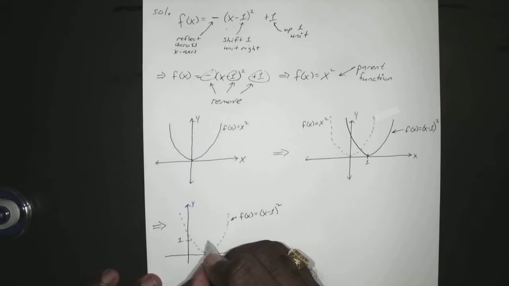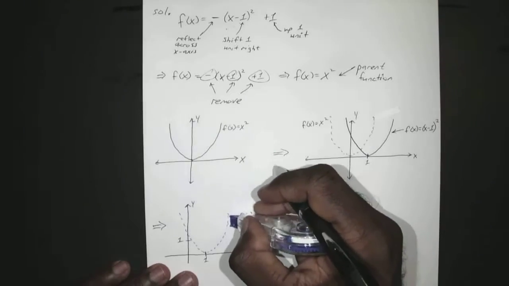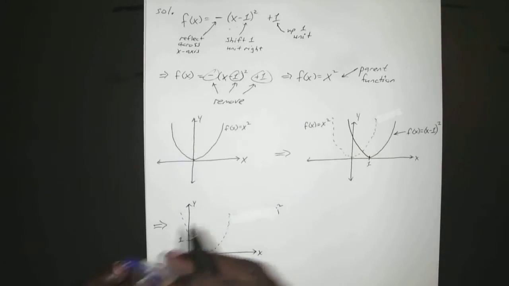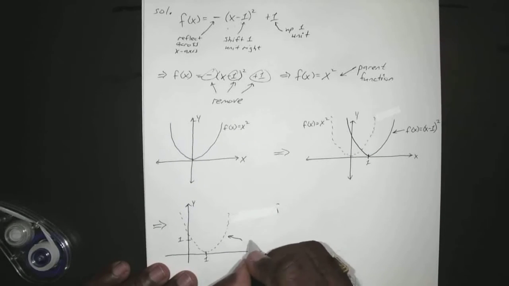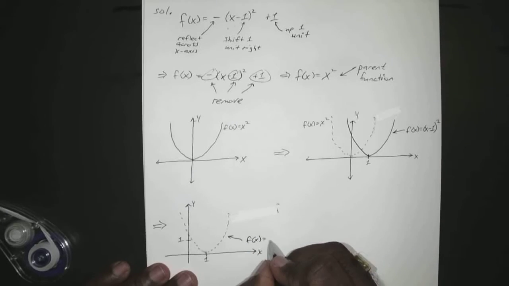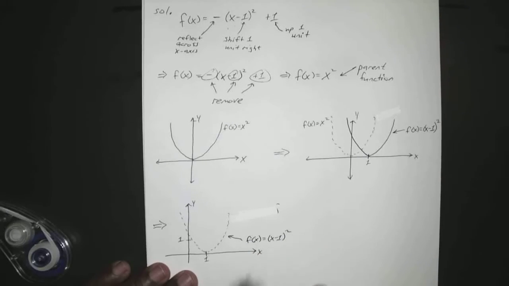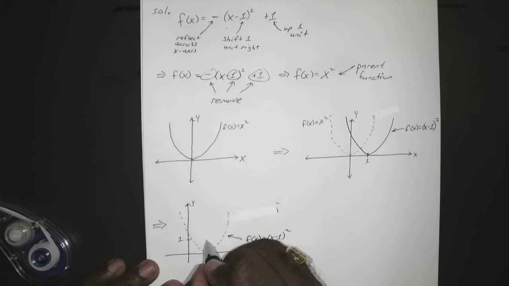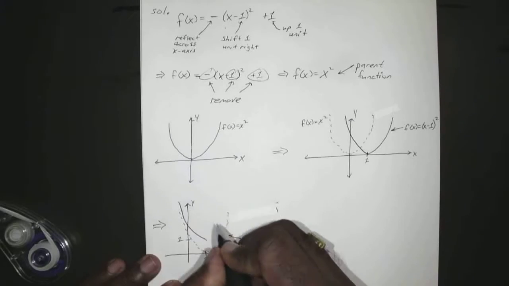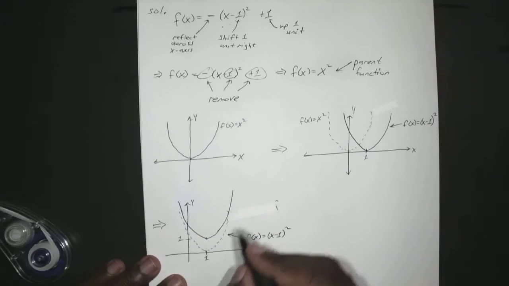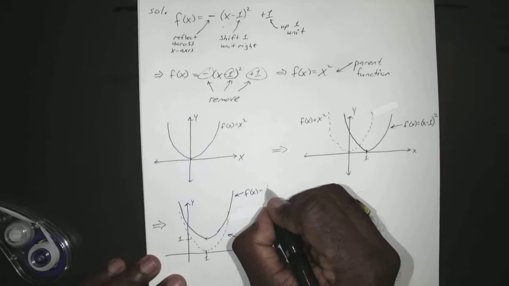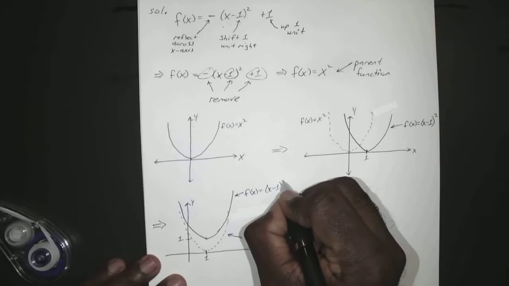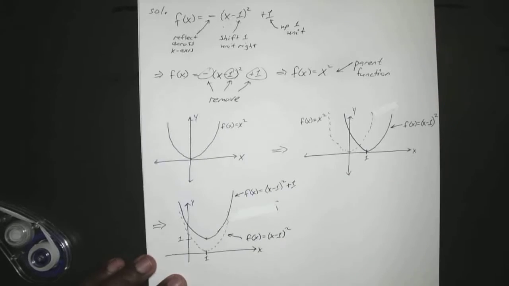This whole graph is going to shift. Probably should have made that a little lower. We're going to shift this whole graph up 1. So f of x equals x minus 1 squared plus 1.